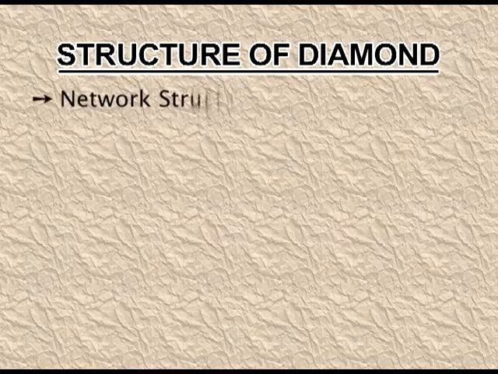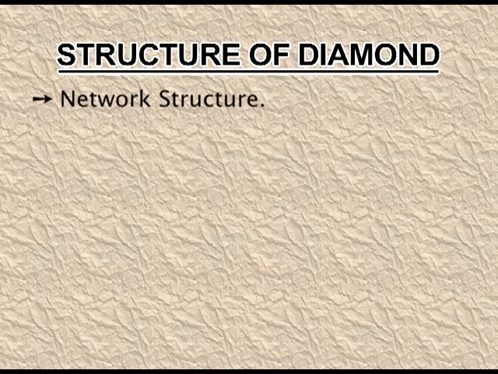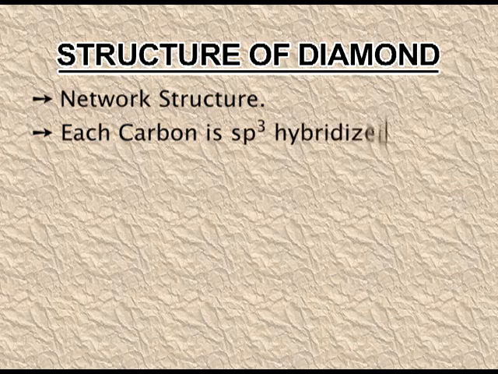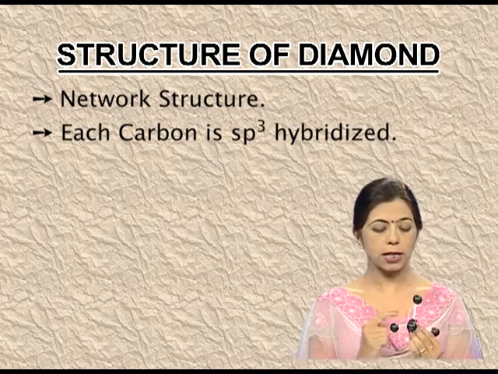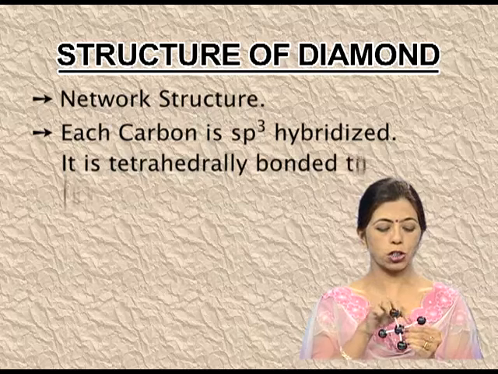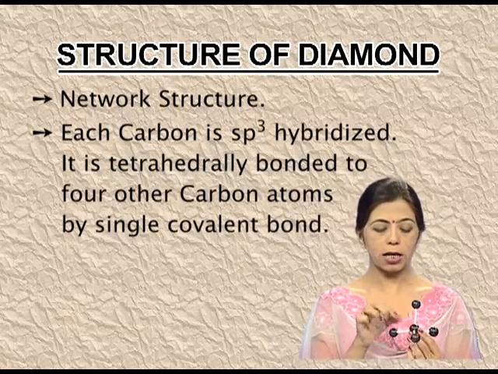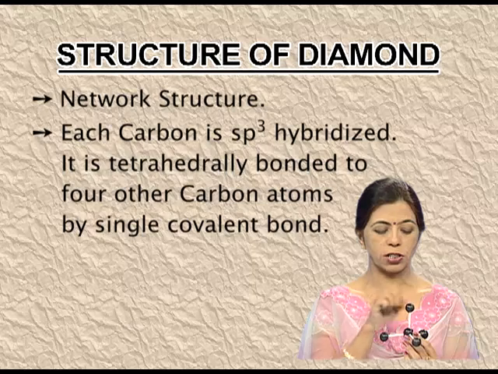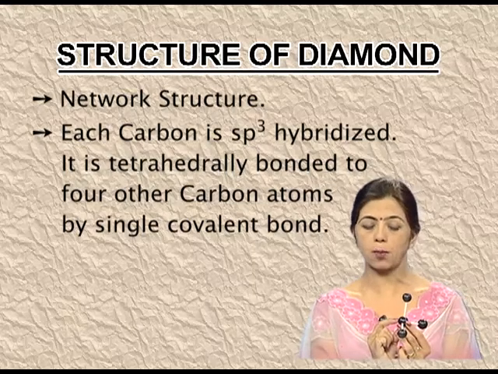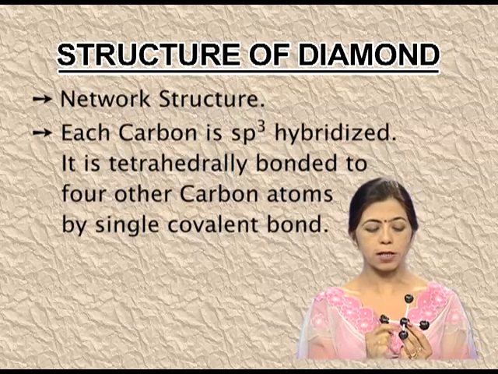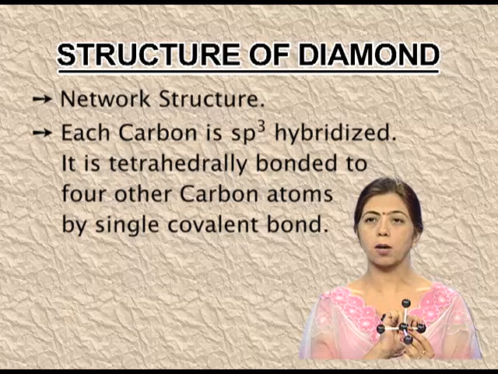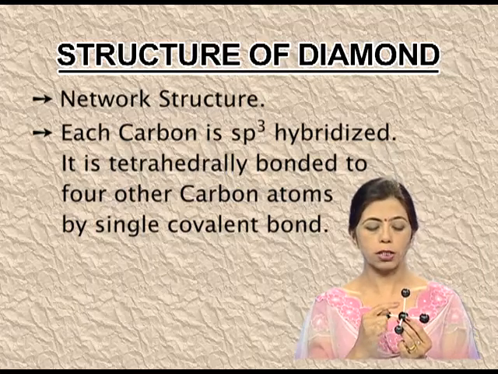Diamond has a network structure. Each carbon in diamond is sp3 hybridized and it is tetrahedrally bonded to 4 carbons. Now we can see that in the center of the tetrahedron there is a carbon, and this carbon is attached to the 4 carbons via covalent bond.